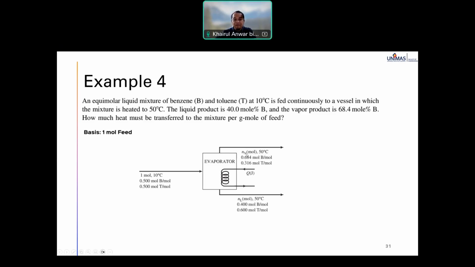So in vapor form, the vapor product of B is 68.4, so 0.684. The rest is toluene, so 1 minus 0.684 is 0.316. The same as this. Yeah, 40% B for the liquid form.